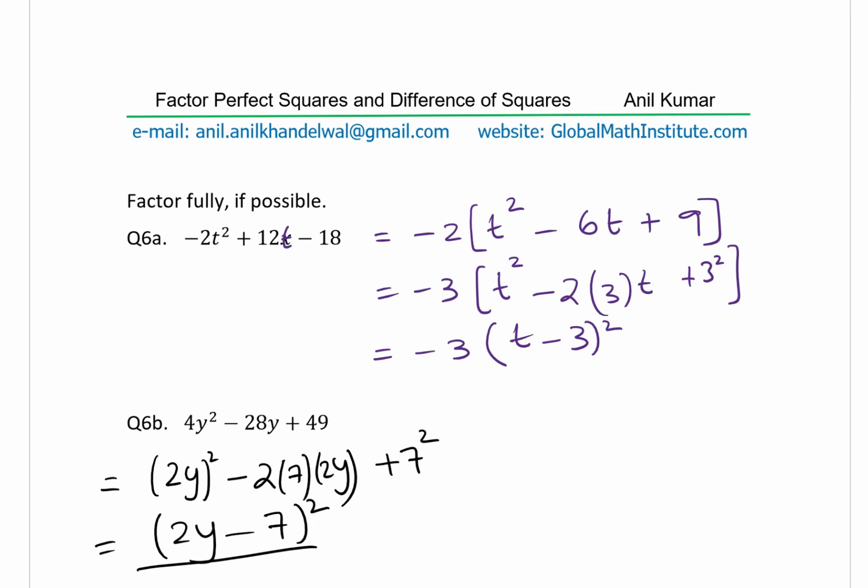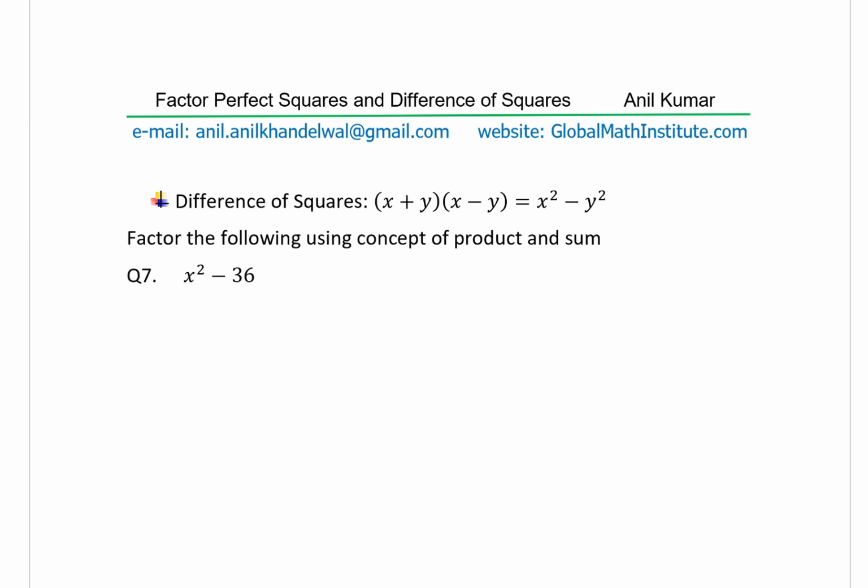Let's take up the next question, which is difference of squares. So x plus y times x minus y is x squared minus y squared. Let us verify this. So we have x plus y times x minus y. If you multiply, applying the distributive property, you get x squared minus xy.